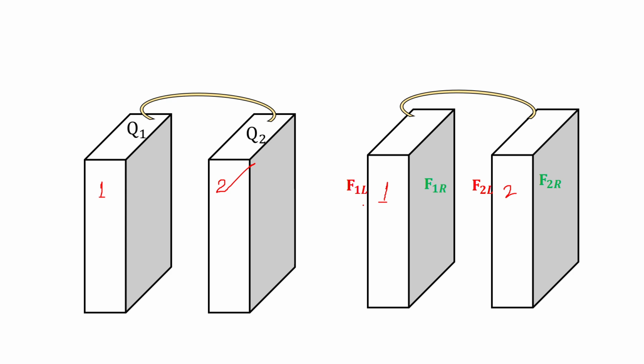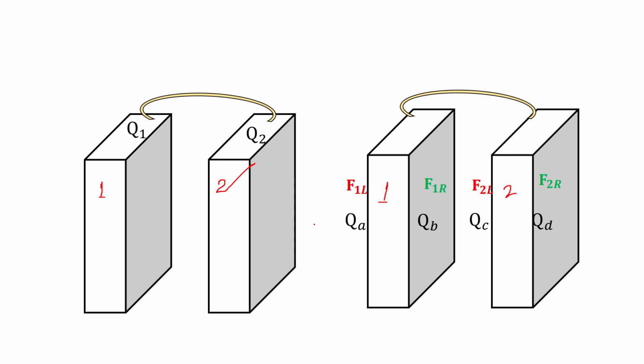Now the charge appearing on F1L is QA and on F1R is QB. Charges will distribute among themselves so that the net charge on F1L is QA and F1R is QB. Similarly, on F2L it is QC and on F2R it is QD. Now, if we consider plates 1 and 2 and they are connected by a conducting wire, they together constitute an isolated conductor.